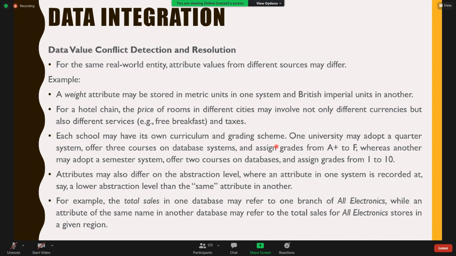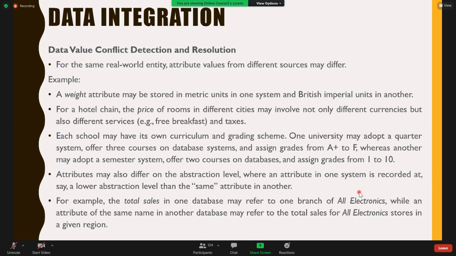Some may adopt the quarterly system, semester system, yearly system. It may vary. And the grading mechanism may also vary. Some may use A plus to F. Some may use 1 to 10 grades. The grading system may also vary, and the number of courses provided also varies. It's one example. And one more is attributes may also differ on the abstraction level.